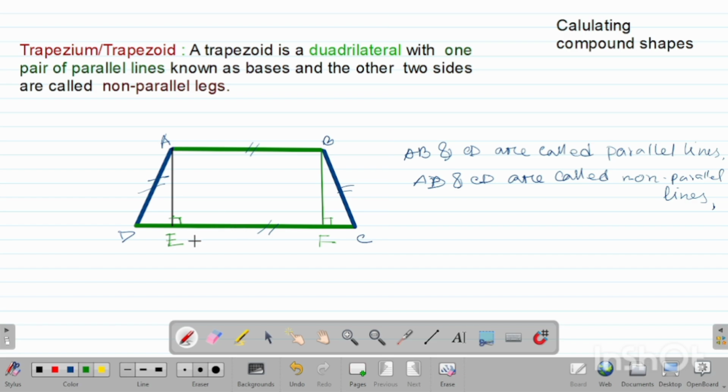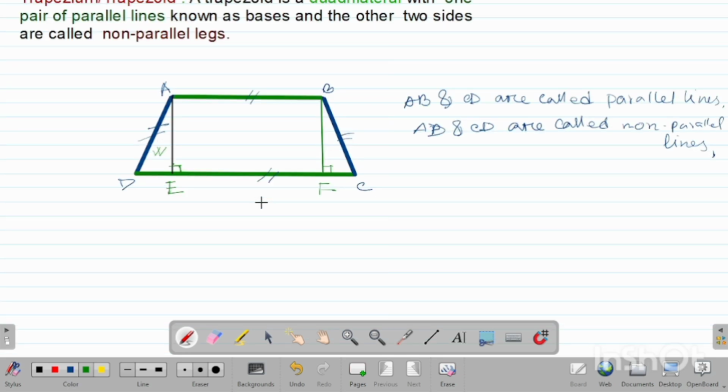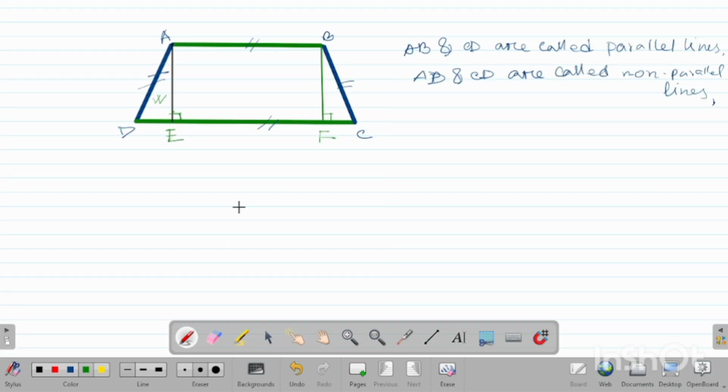Now let's try to find out the area of the trapezium. If we try to find out the area of the trapezium, then we have to add the area of ADE triangle, ABFE quadrilateral, and BFC triangle. Let's try to find out the area.